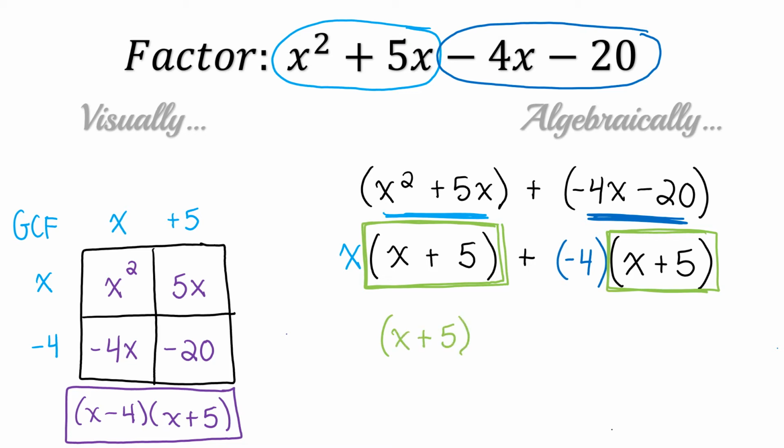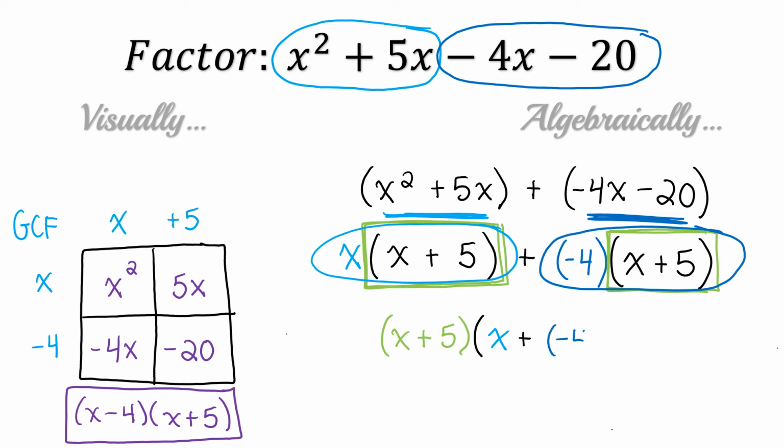So we have x plus 5 times, starting with our first product, x times the quantity of x plus 5, then we'll divide out the quantity of x plus 5, and we're left with x. Next, we'll look at negative 4 times the quantity of x plus 5, divided by the quantity of x plus 5, leaves us with that negative 4.